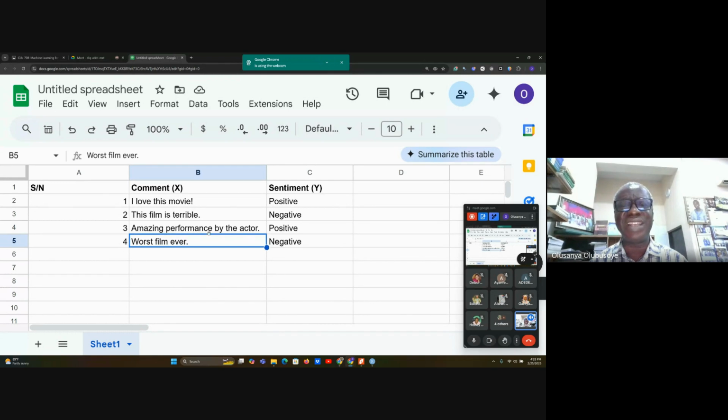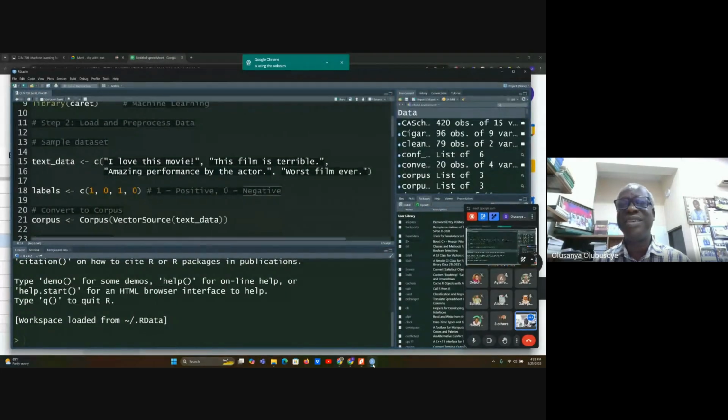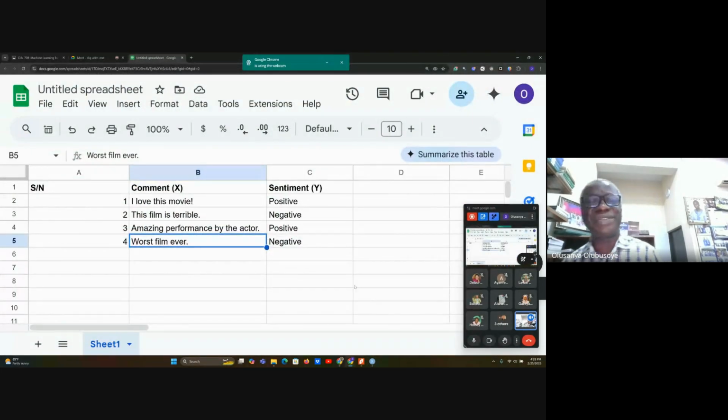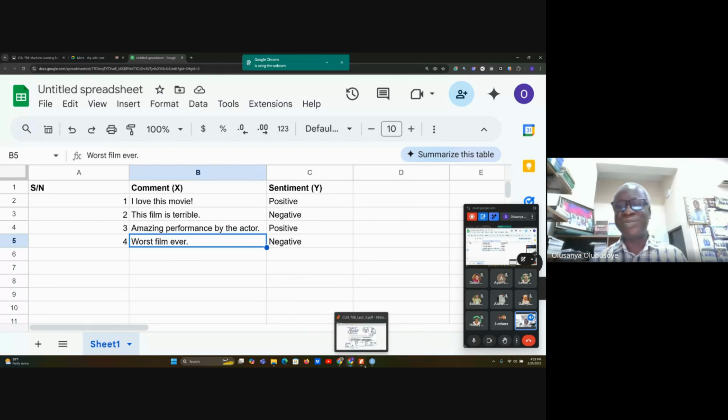So you create a data set like this, and then put the comment here, and then you state whether that comment is positive or whether that comment is negative. So that's what we also do. And then you will be able to apply logistic regression to your own data and analyze it. Is that clear, everybody?